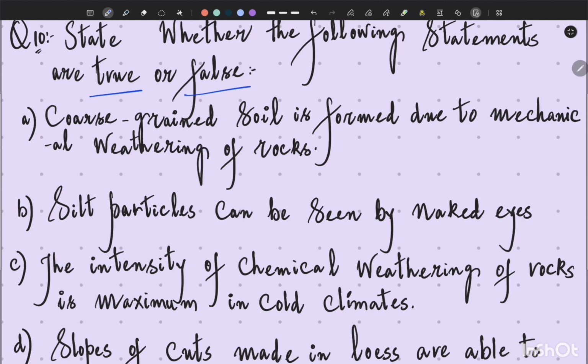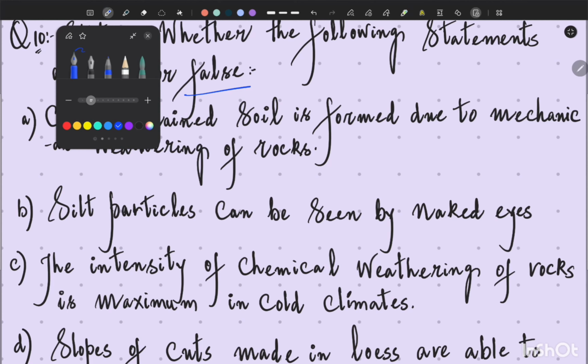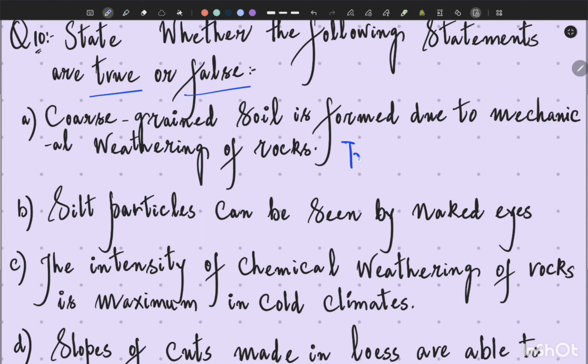First one is, coarse grained soil is formed due to mechanical weathering of rocks. This statement is absolutely true. Yes, the coarse grained soil such as gravel and sand are definitely formed due to the mechanical weathering or the physical disintegration of the rocks. So this statement is true.